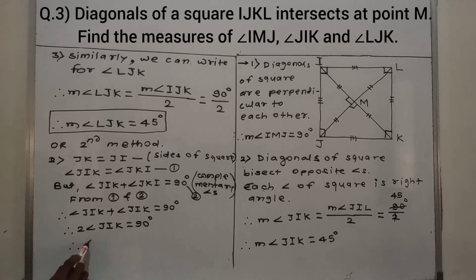Therefore, angle JIK is equal to 90 degrees upon 2, which is equal to 45 degrees. Did you get it? JIK is equal to 45 degrees.